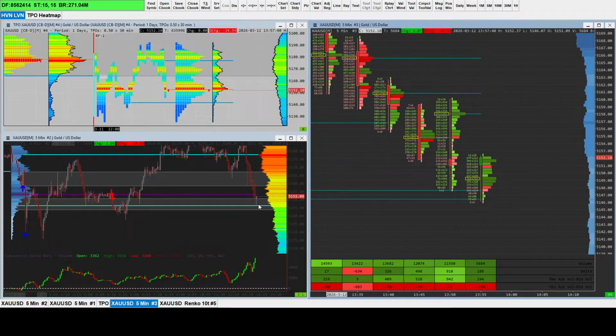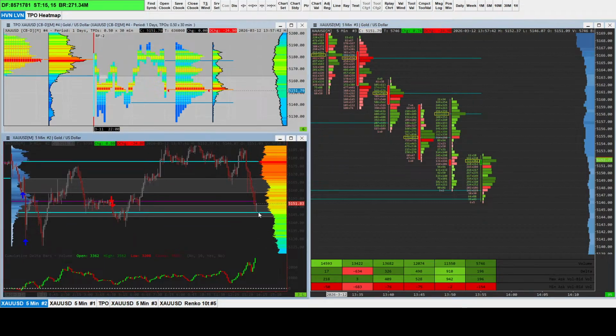It looks like it did get to this minor distribution of this day, the bottom of that distribution, and the bottom third of this composite distribution. So yes, I would love to pull the trigger here, considering it closes above all of this. If it does not close above this, I'm not interested.